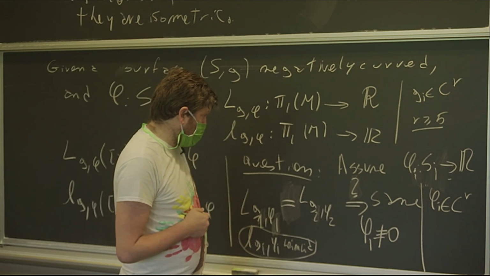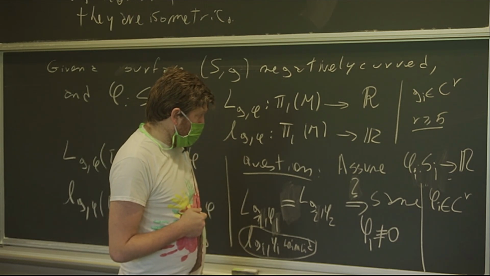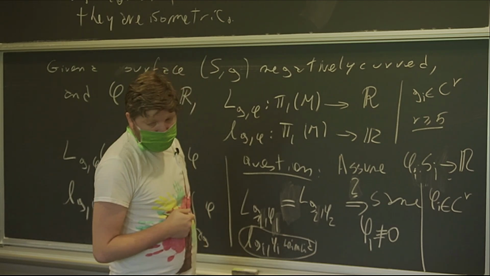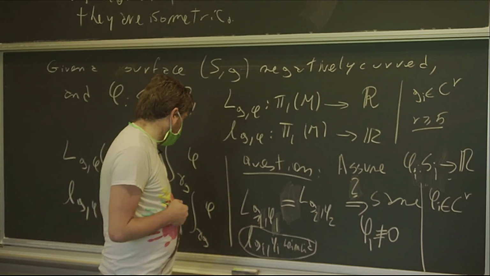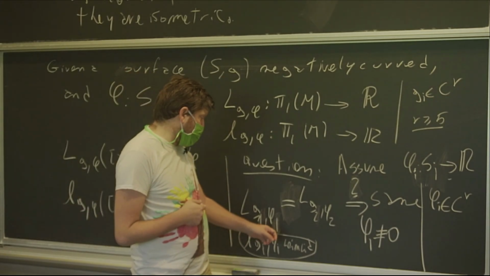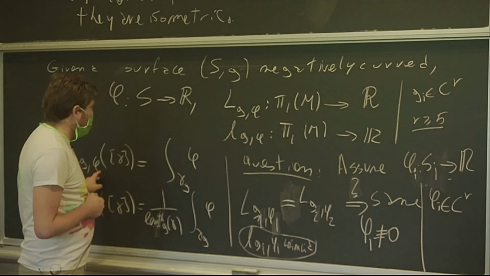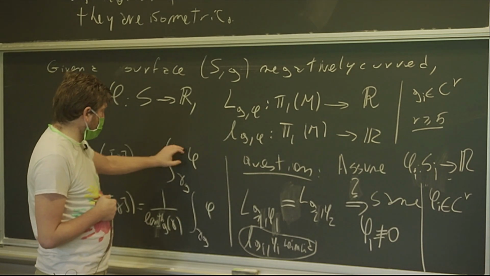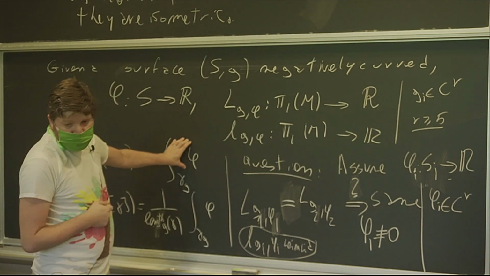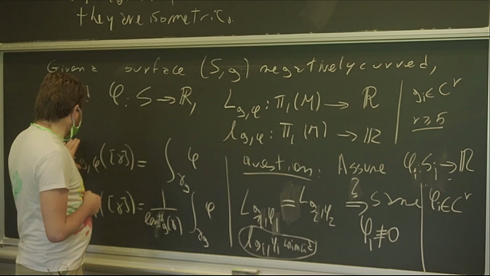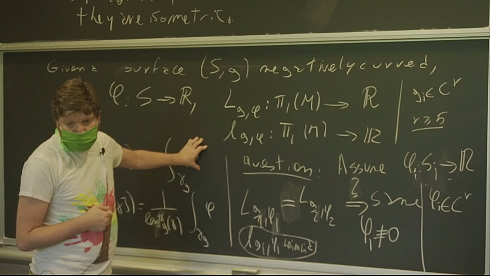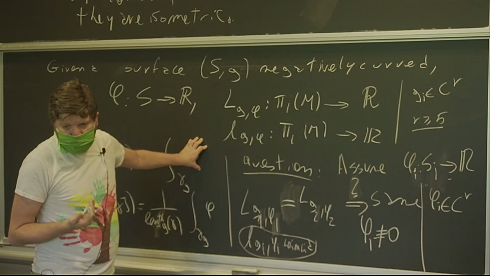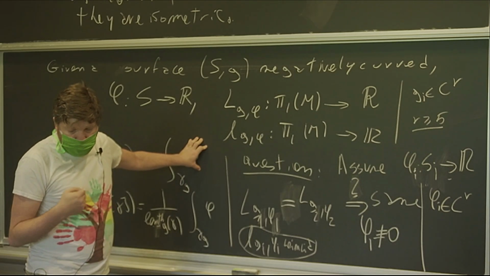Now, let me just answer what Guillemin and Kazhdan already answered in the 70s. Let's think about this function phi 1. Well, if phi 1 were identically 0, which means that for the function phi 1 all these integrals are fully 0, then, of course, you are not getting any information. But you look at the function phi 2.